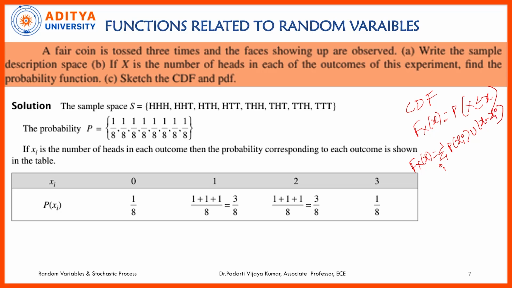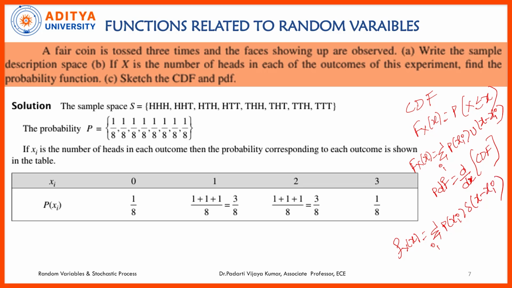Also we need to sketch the cumulative distribution function, and also compute the probability density function. We know that the probability density function is the derivative of the cumulative distribution function, and it can also be mathematically expressed as summation of p of xi delta of x minus xi, the sum of shifted versions of the impulse signal.